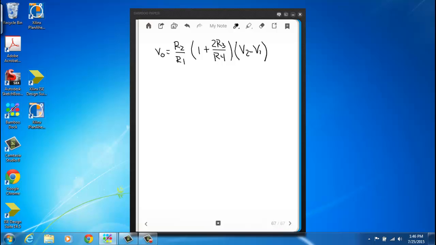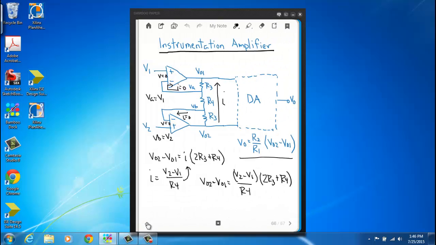And if you go back and look at the circuit again, you can see that these two op-amps over here are very similar to non-inverting amplifiers. If we just looked at this top op-amp here, and if R4 was grounded on this side, it would be a non-inverting amplifier. Or if we just look at the bottom op-amp circuit and R4 was grounded at this side of R4, this would be a non-inverting amplifier circuit.